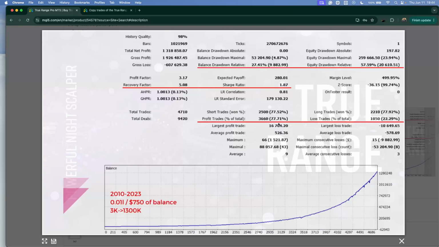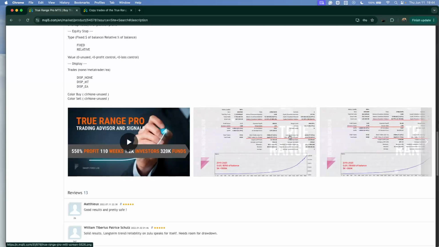Yeah, it's marketed as flexible with fixed or auto volume. We also have arithmetic geometric progression and good risk controls for both stable and high performance modes.